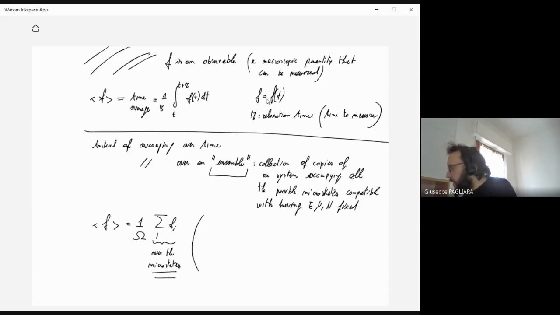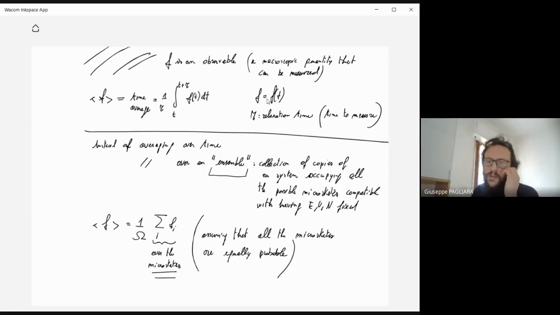Here we are implicitly assuming that all the microstates are equally probable, because I'm not introducing at this level a distribution function for the microstates. I'm just summing over all of them. So I compute for all of them the quantity f, which depends on the microstate, I'm summing over them, and then I'm dividing by the number of microstates.